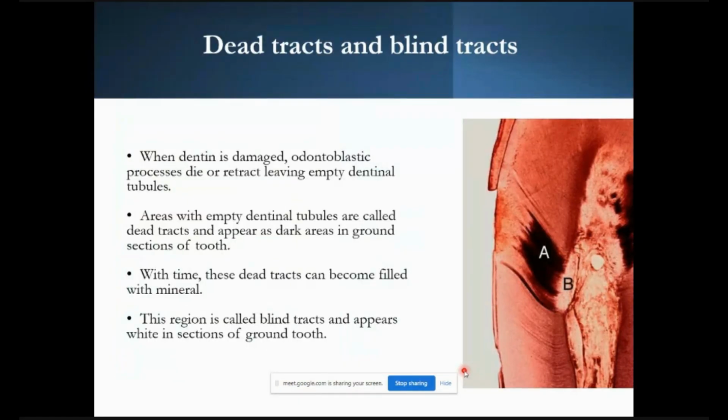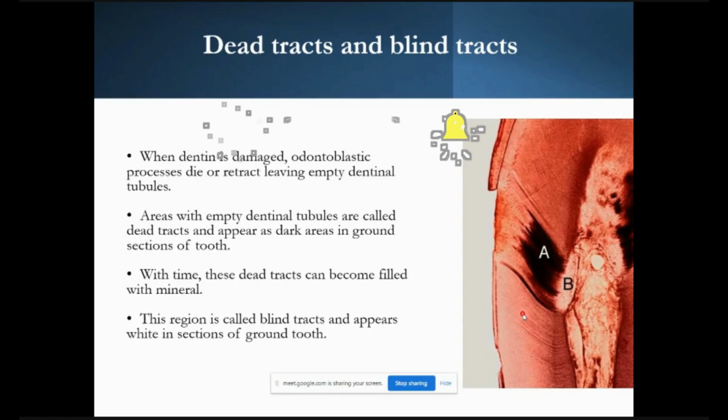Okay. So there is something called dead tract and blind tract, which you must know histologically. Whenever dentin becomes damaged, whenever there is any kind of irritation and it goes untreated, say for example caries has reached the dentin, the odontoblastic process within the dentinal tubule either dies or retracts into the pulp because it wants to save itself.